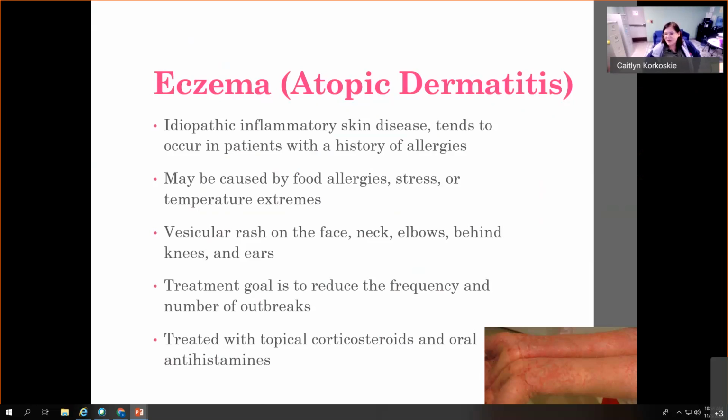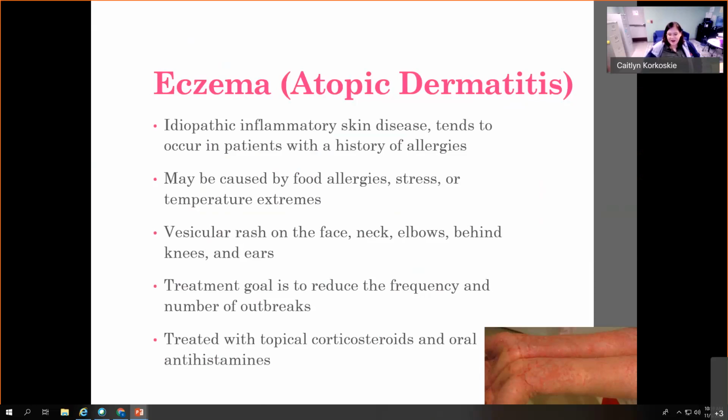Some people don't have issues with certain temperatures, so extreme heat doesn't cause a flare up, but for some people maybe it's stress. It depends on the patient. So the treatment is to reduce the number of outbreaks, but also to reduce their exposure to those particular elements that cause their outbreaks.